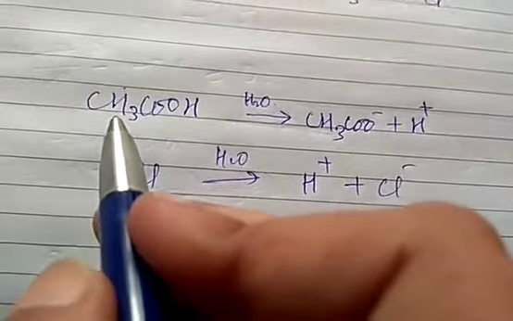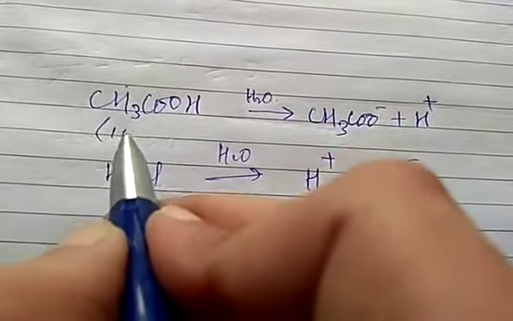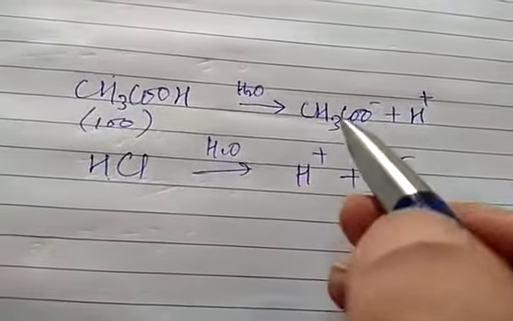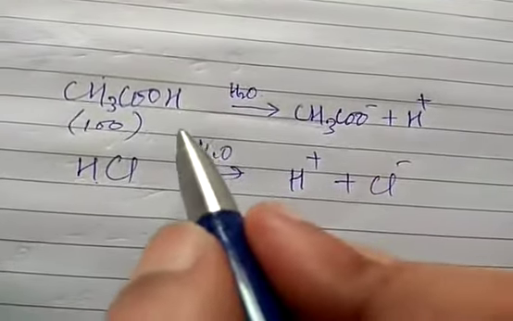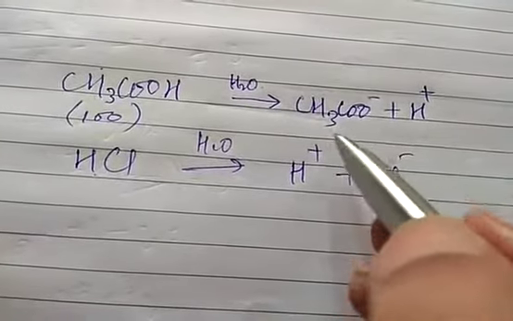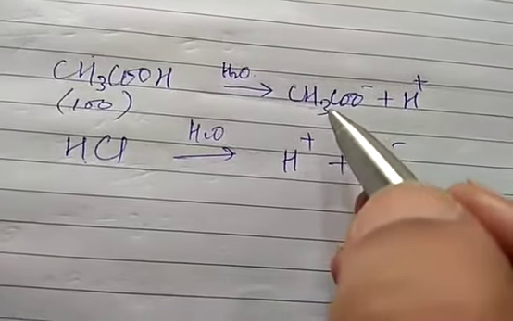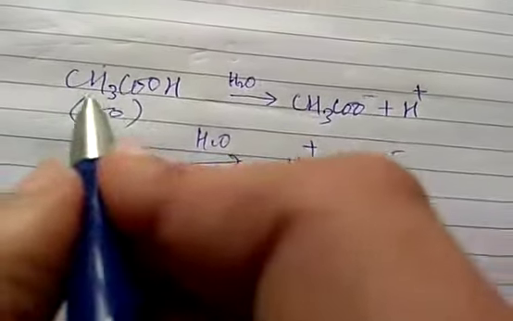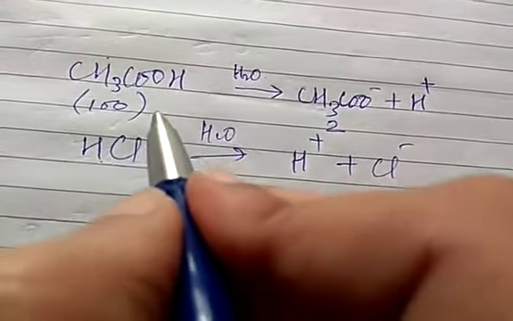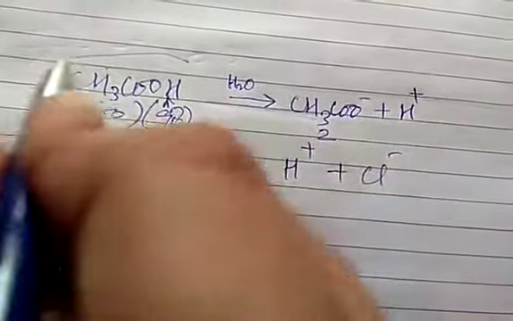Now what does it mean? It means that if I start with 100 molecules of acetic acid, after this reaction I find that only, say for example, 1 or 2 molecules have been broken down or dissociated into H plus and this acetate ion. So out of 100, only 2 have been formed, and the remaining 98 are still present in the form of this molecule.